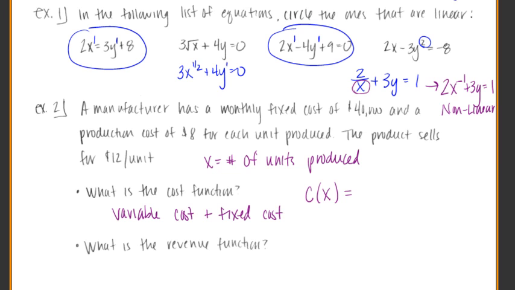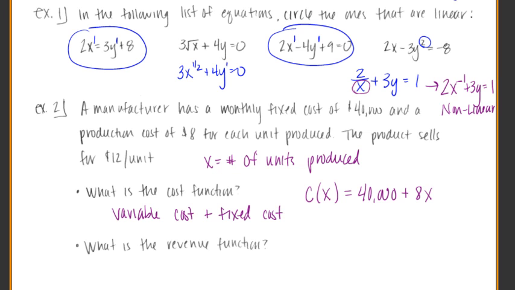Of course we do. It says it has a monthly fixed cost of $40,000. And then let's look at variable cost. It says it has a production cost of $8 for each unit produced. So $8 per unit would be 8x. And there's the example of what the cost function would look like.